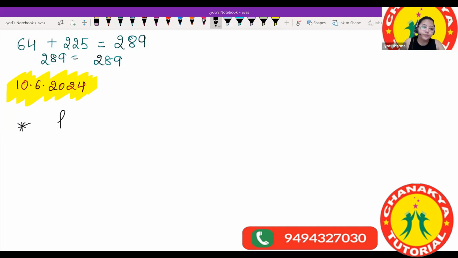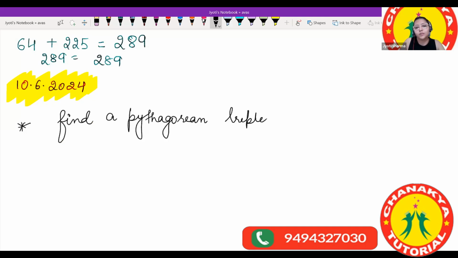Find a Pythagorean triplet in which one member is 12. Do it.